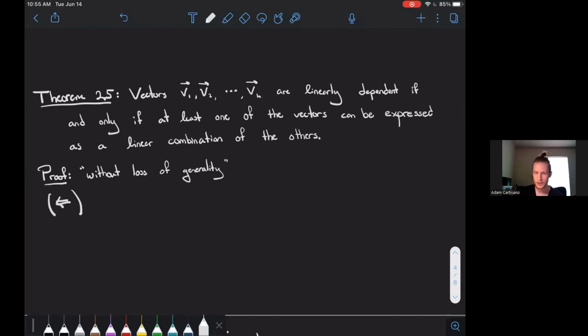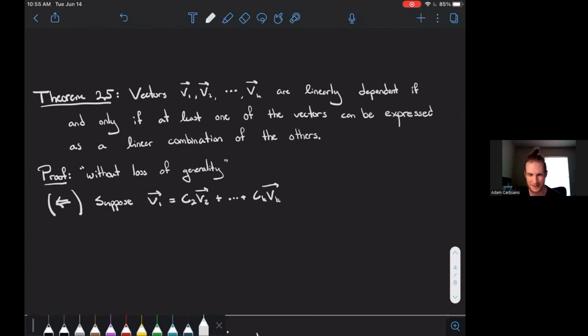Suppose one of the vectors can be expressed as a linear combination of the other ones. So suppose v1 equals, I'm just going to write c2 v2 plus dot dot dot all the way up to ck vk.